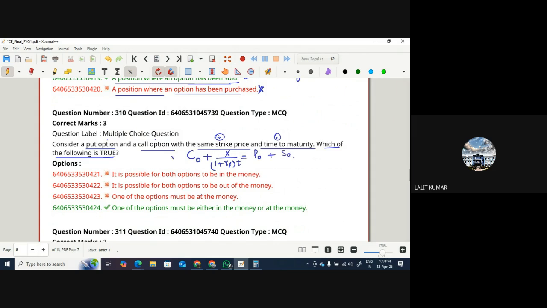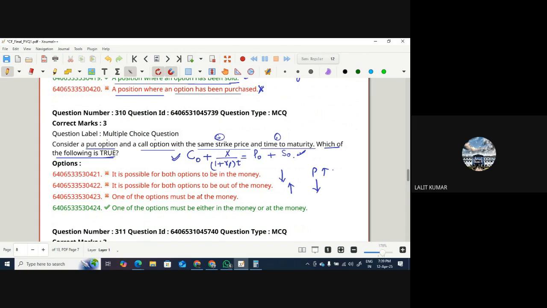If you correlate, it means that if your call is going in loss, then your put will go in profit. If your call is going in profit, your put will go in loss.